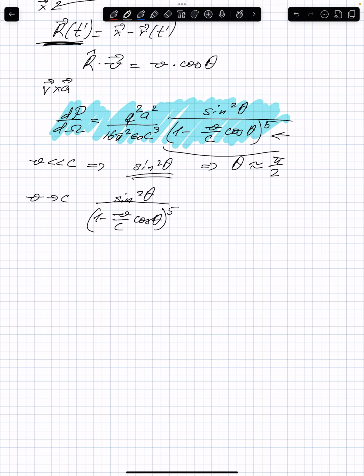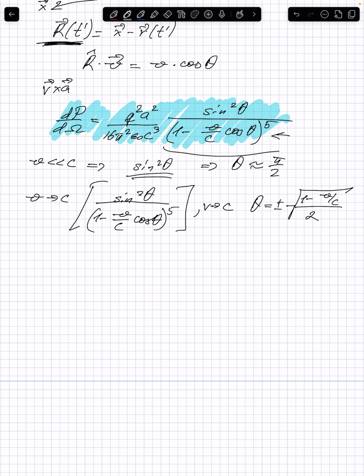We just maximize it as a function of theta for given v. We maximize this part, and considering the limit when v goes to c, we obtain the following expression for the angle theta. It will be plus minus the square root of (1 minus v over c) divided by 2.